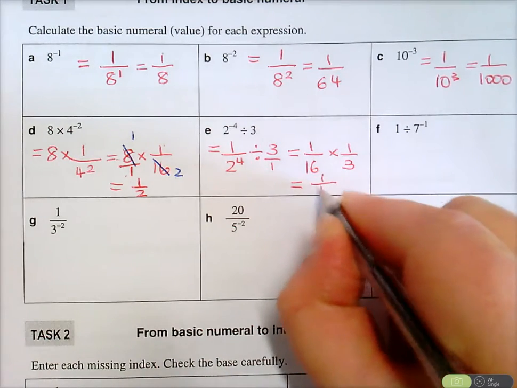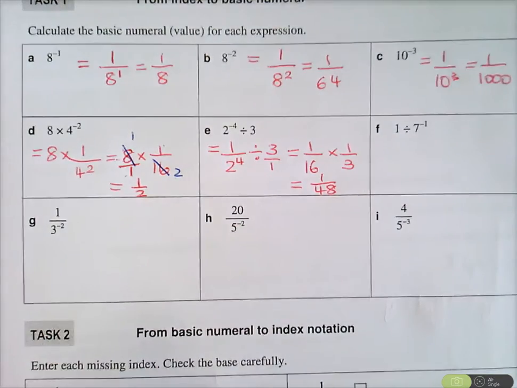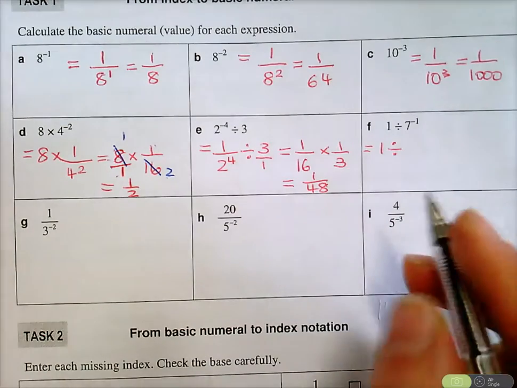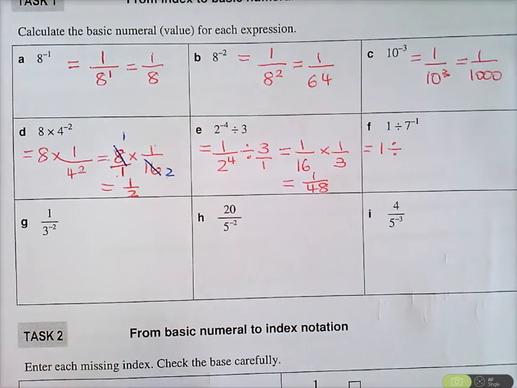But girls, just be careful with these. They're tricky. So 1 divided by, what's 7 to the negative 1? Because when you're working with fractions, we don't like to divide with fractions. All right? We only like to multiply.